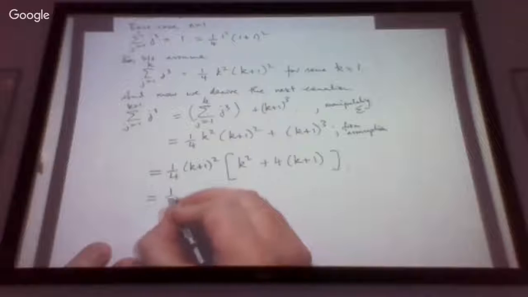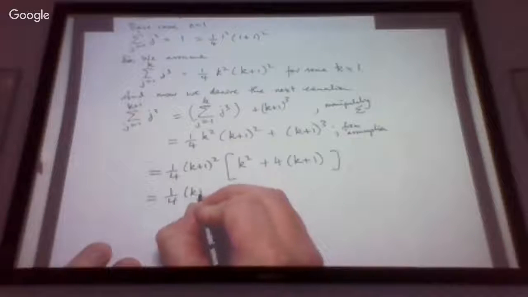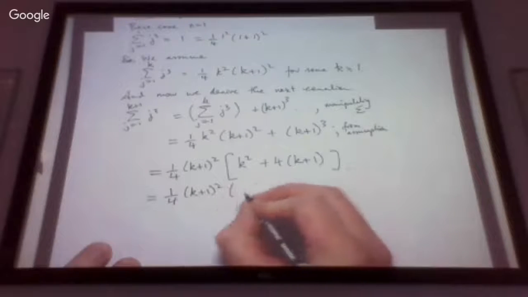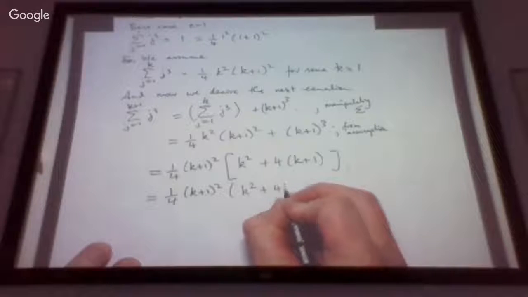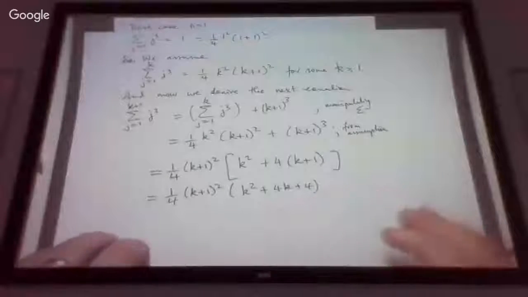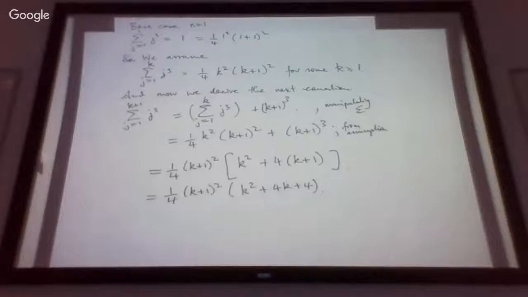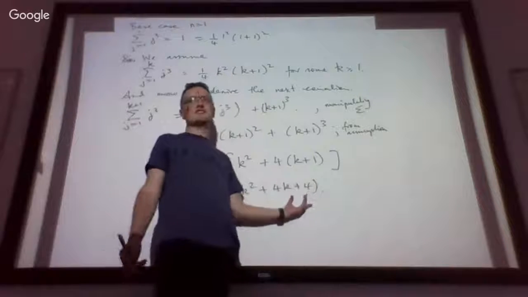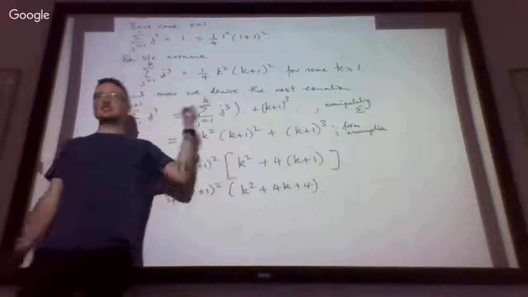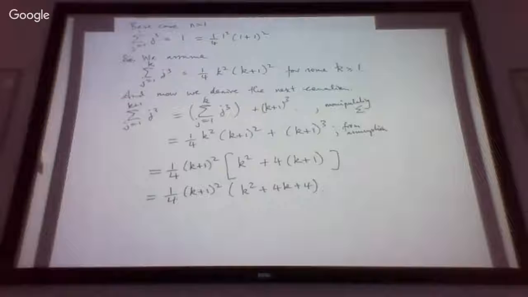And just a little bit of rewriting there, that's k squared plus 4k plus 4. And what is that? Well, k squared plus 4k plus 4 factorizes nicely. It is just the square of k plus 2.